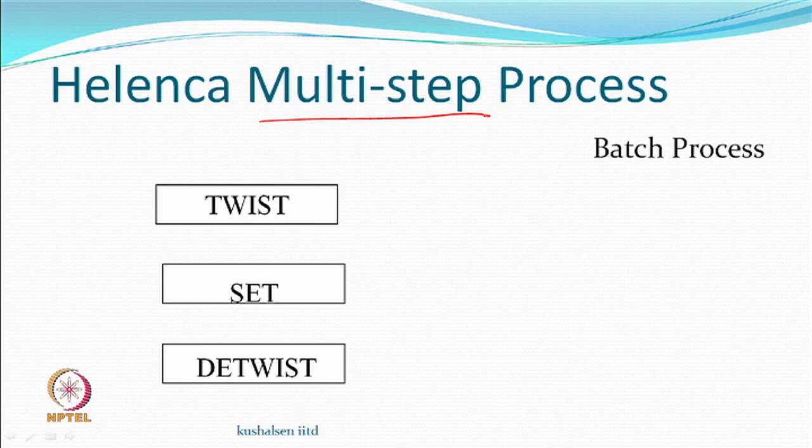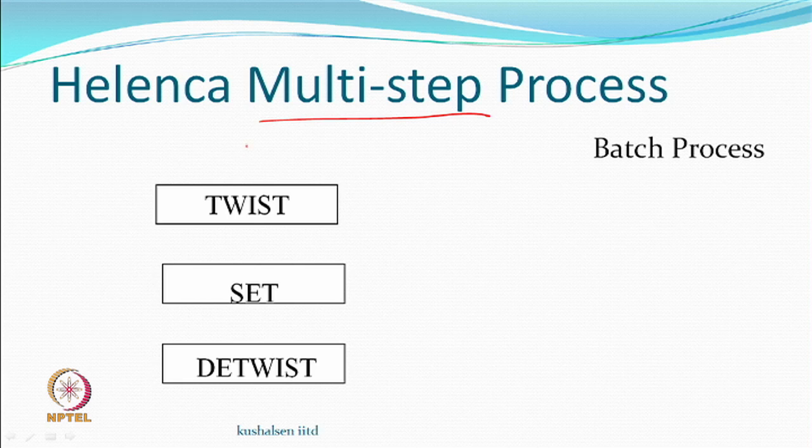The false twist, of course, we talked about, but in an earlier time we had a process which was used for texturing of multifilament viscose yarn, and therefore, twisting was used. That was called the Heberlein process. So, that also used twist, and this Helenca finally also uses twist. This was a commercially successful process.